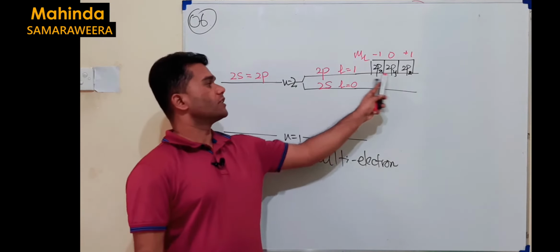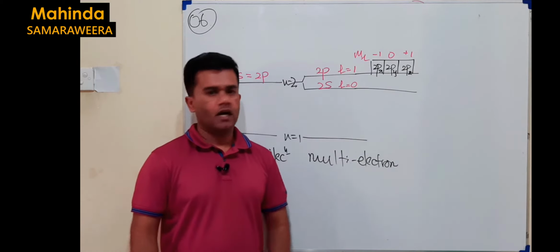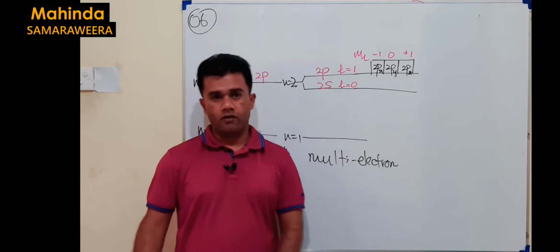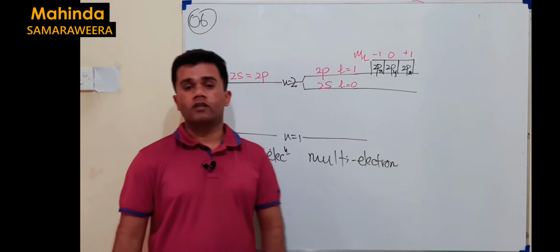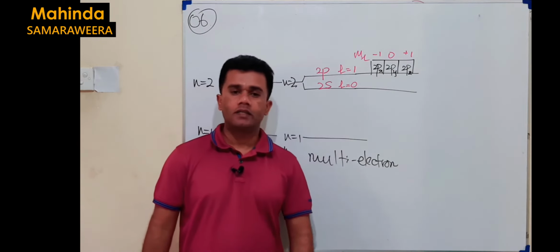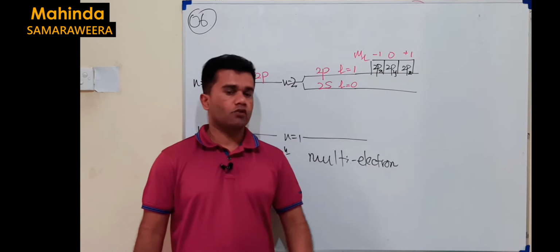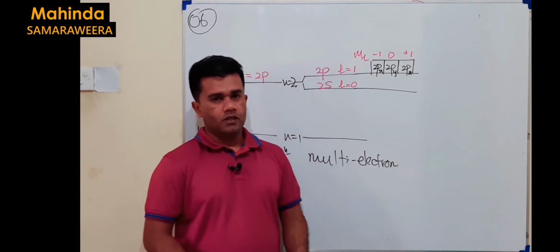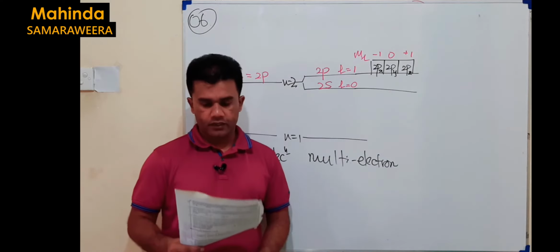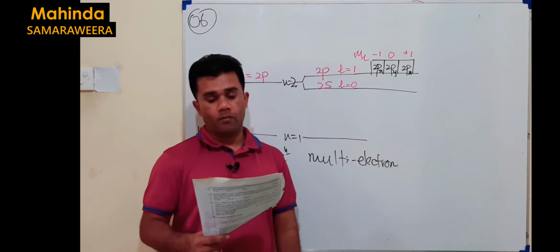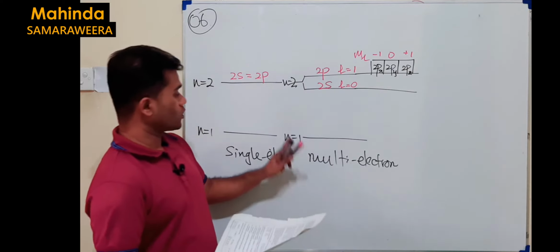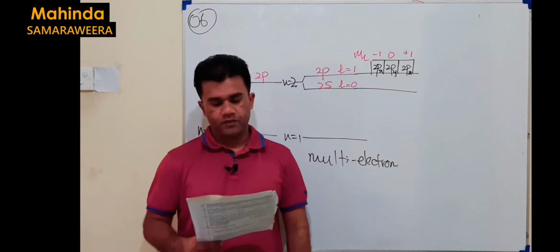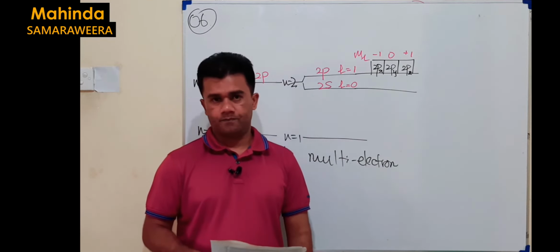So what can you say about the energies of these 3 p orbitals? Are they different? No, they are the same. So the energy of that electron does not depend on the magnetic quantum number, and it doesn't depend on the spin quantum number either. If the electron is up or down, it doesn't matter, we get the same energy. According to that, the energy of an electron in an atomic orbital of a multi-electron atom depends on principal quantum number and azimuthal quantum number only. According to that, your answer should be the second one.